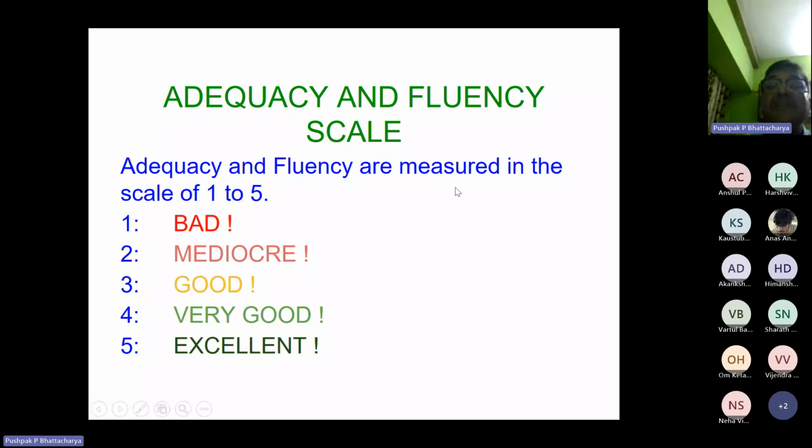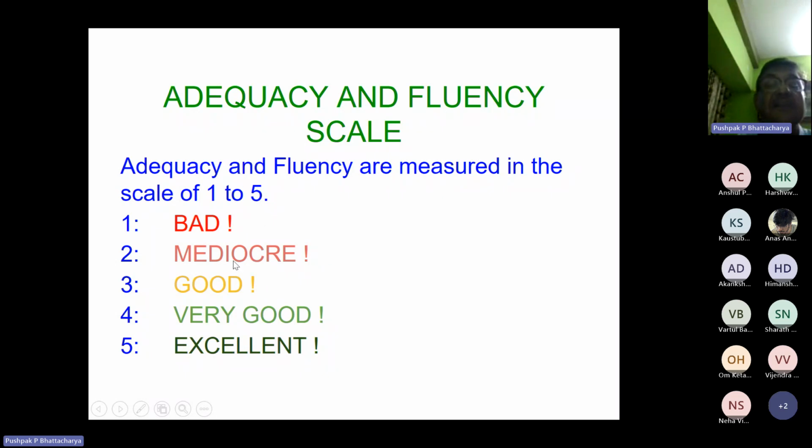Now, adequacy and fluency are measured on a scale of 1 to 5. This is the traditional practice. In CFIELD, we have done lots of machine translation evaluation as a requirement of large machine translation projects. And this adequacy and fluency being on the scale of 1 to 5 is almost universal.